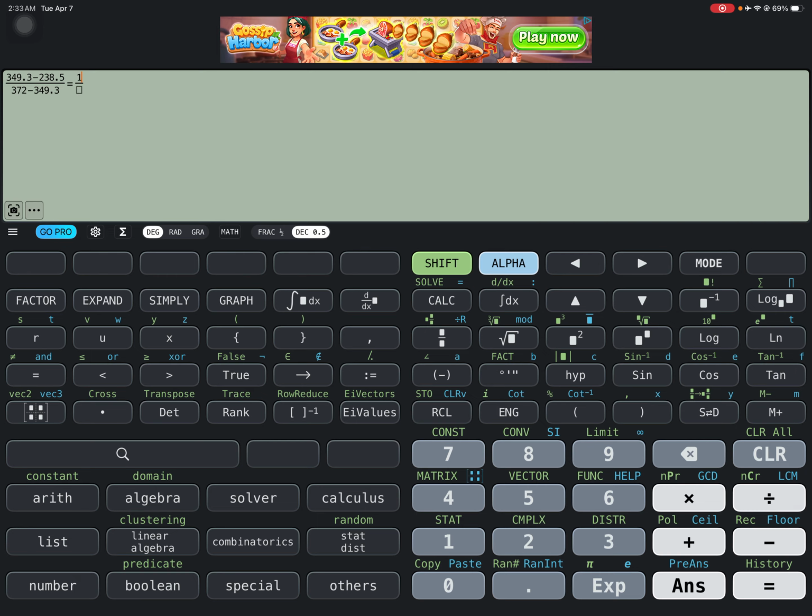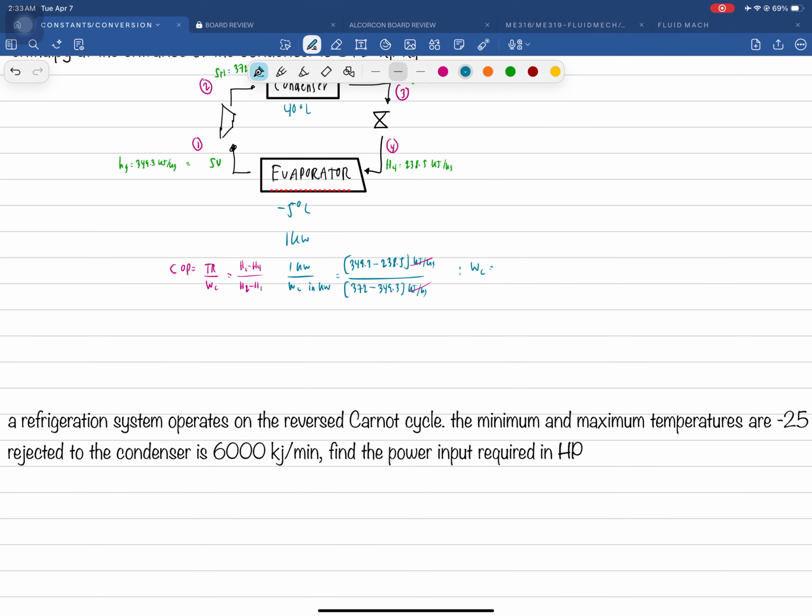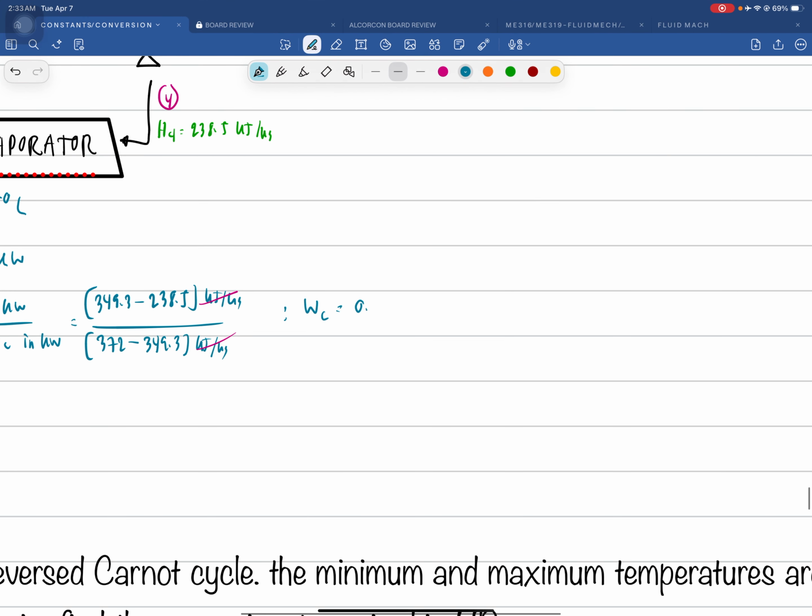Refrigerating capacity is 1. Let this be X. Sorry. Let this be X. No? Therefore, X mo would be what? 0.20487, I guess. 0.20487 kilowatts, no?